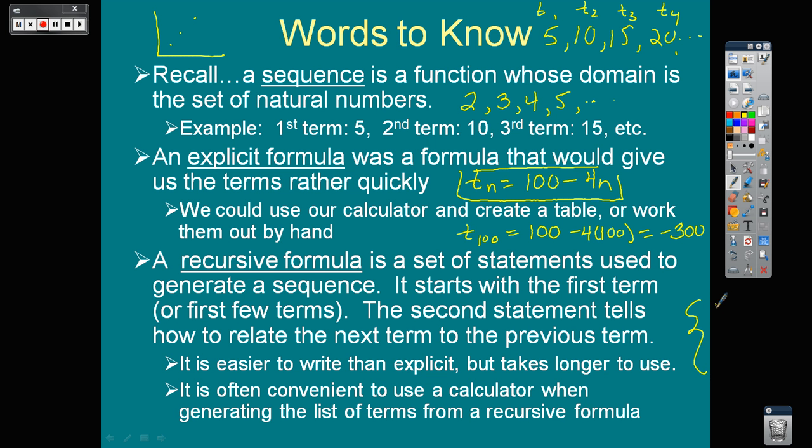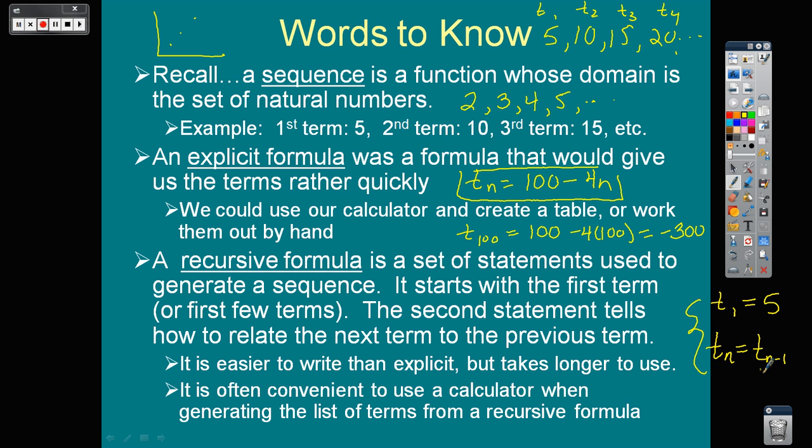Maybe we say, we could do this: 5, 10, 15, 20. T sub 1 equals 5. That's that first rule. The first term is 5. Now what we do is we say something like T sub n equals, that means the mystery term, that mystery term where we can plug stuff in there. We might say it's the one before it, T sub n minus 1, because that term has to be before T sub n.